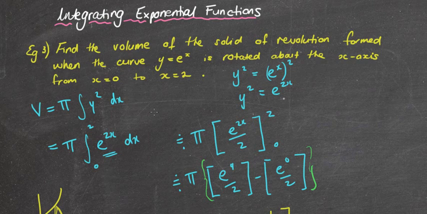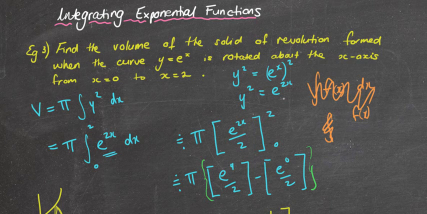Remember, it's just the opposite of our differentiation rules for exponential functions. So I guess if we came up with a generalization rule, as we did before, if you want to integrate e to the power of f of x dx, then all I'm doing is e to the power of f of x divided by f dash x.